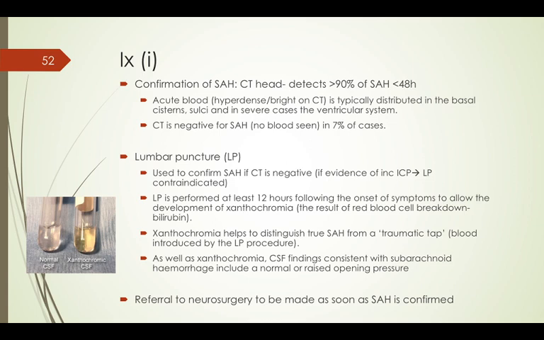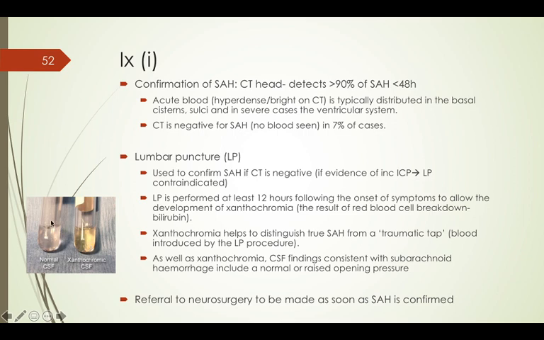A lumbar puncture needs to be done 12 hours post CT if the CT is negative. However, as I've mentioned earlier, if you've got evidence of increased intracranial pressure, don't do an LP. That's contraindicated. So 12 hours after, you're likely to see something called xanthochromia, which is a yellow colour of the CSF, and that's due to the bilirubin.